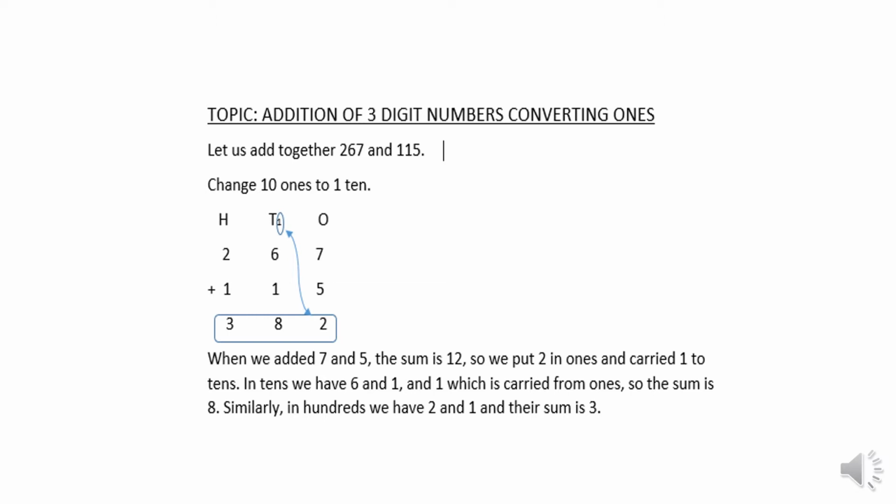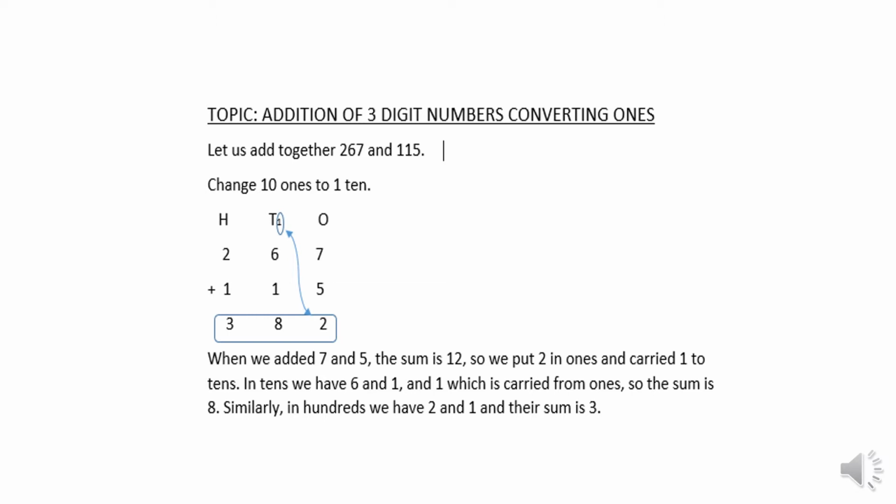In this example, the 3-digit numbers are 267 and 115. Again we will start from ones. When we add 7 and 5, we get 12. The sum is 12, so we put 2 in ones and carry 1 to tens.